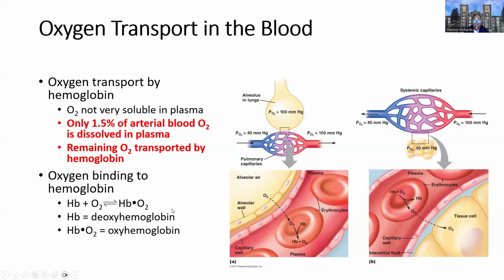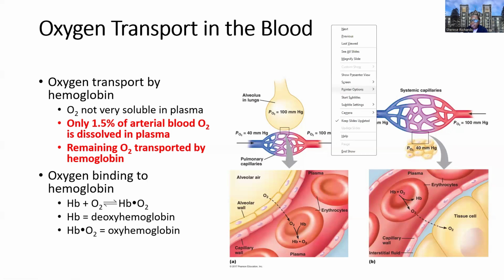So having said that, we can look at the equation, which goes right to left or vice versa, with deoxyhemoglobin and oxygen on one side, and on the other side we get oxyhemoglobin. That equation can occur in the opposite direction depending on the saturation, depending on the levels of oxygen on either side of the equation.